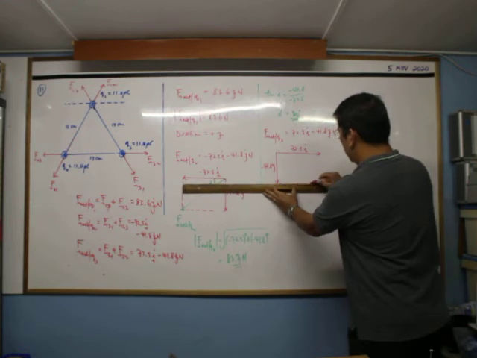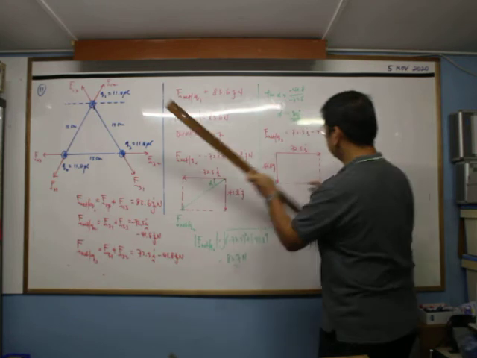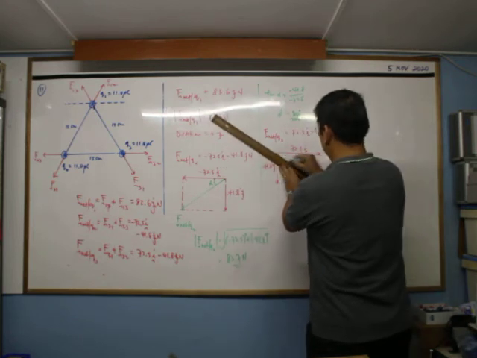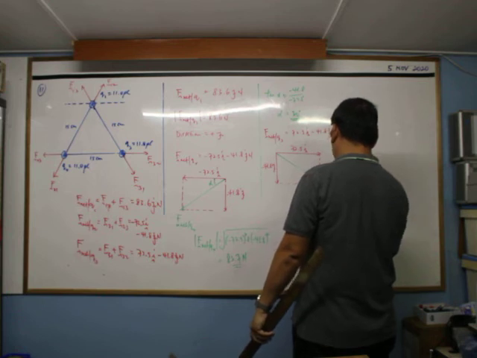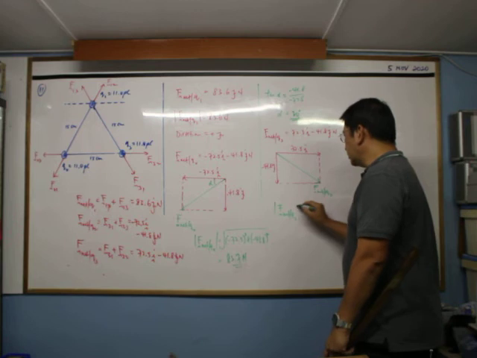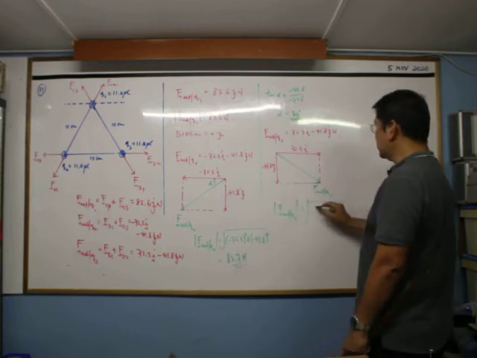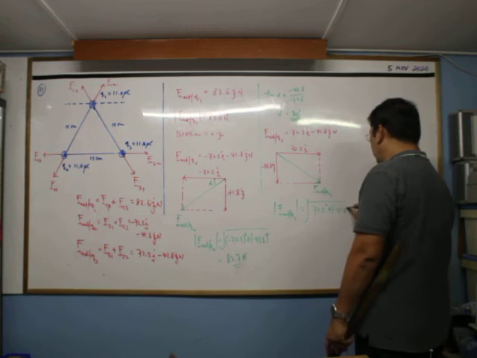And then we calculate the magnitude using Pythagoras theorem, 72.5 squared plus negative 41.8 squared.